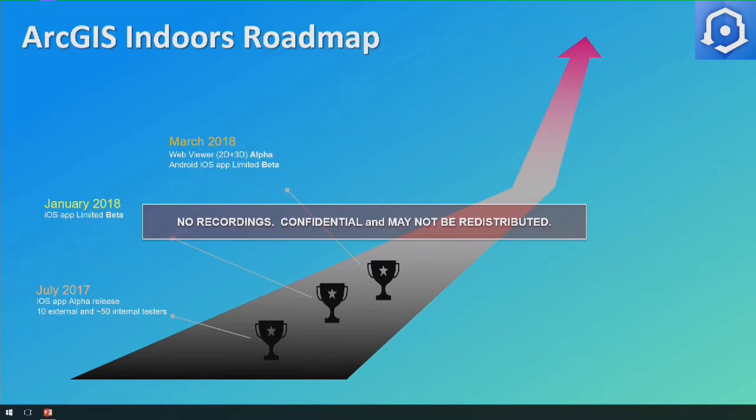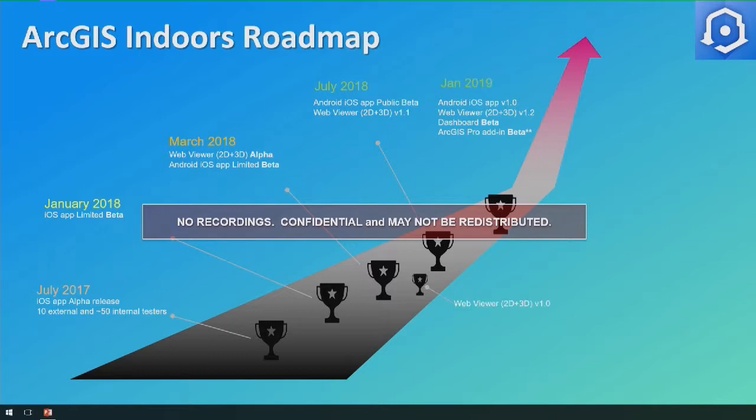It'll be out soon. And then for the user conference this year, what we'd like to have is a public beta for the Android application and the combo 2D and 3D web application ready for some public scrutiny in some form. So by the end of the year, we'd like to have the Android app complete.